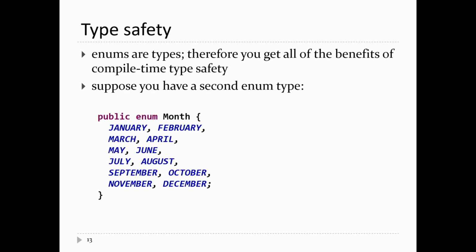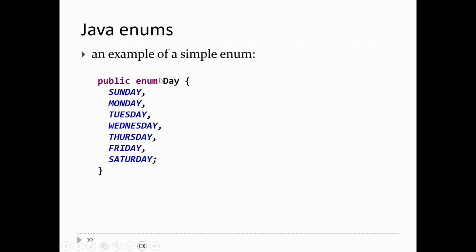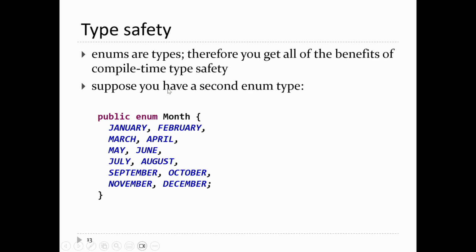Okay, so immediately when you use an enumerated type, you automatically get type safety. In day, we've got 7 day objects, and their type is big D Day. If we make a month enumeration, we now have 12 month objects and their type is big M Month.